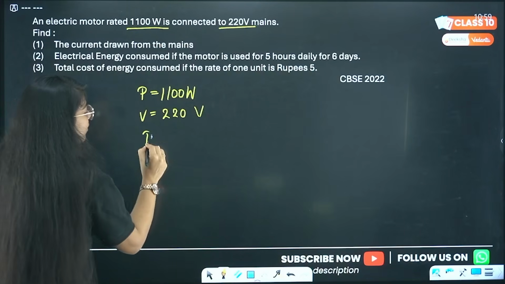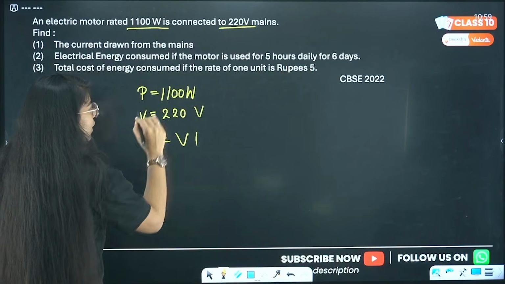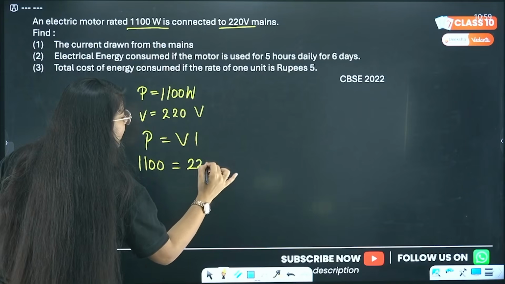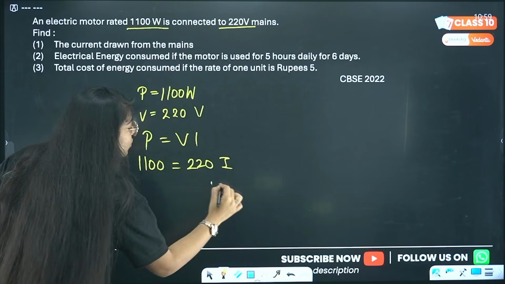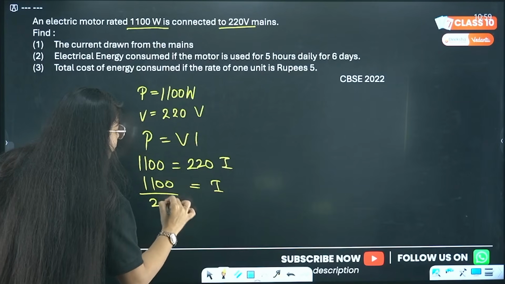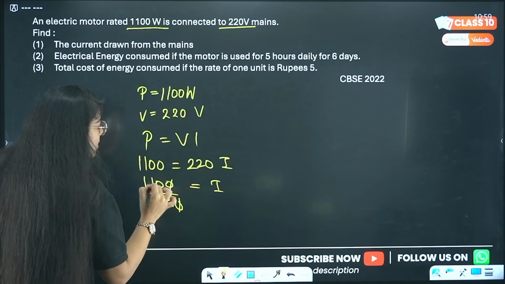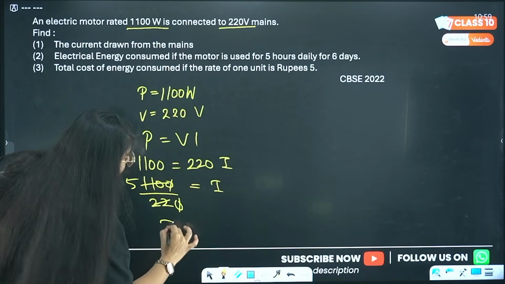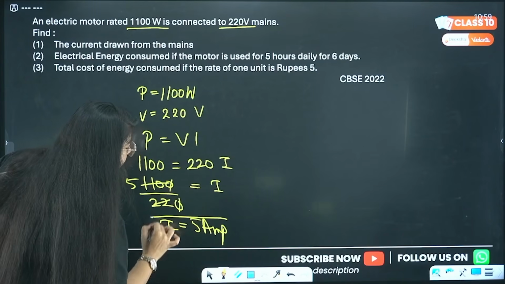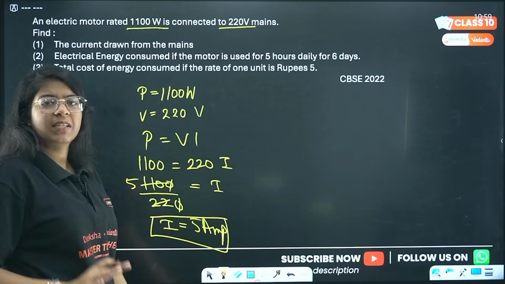It is V into I. Right? Now power is given 1100, voltage is given 220 and this is I. So I will be 1100 divided by 220 and that is 5, my friend. So I is 5 ampere. Correct? Till here everything is basic, everything is simple.